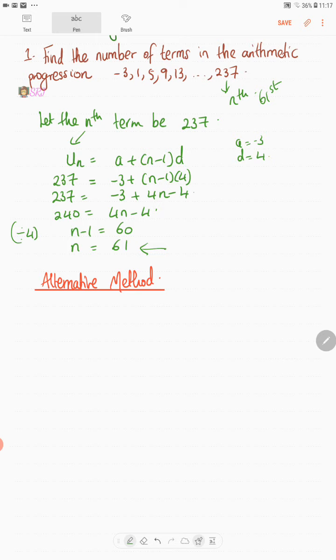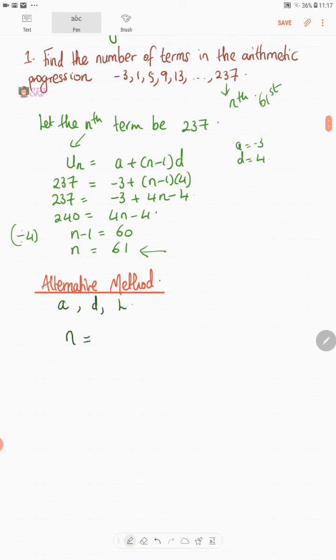If we know the first term, the common difference, and also the last term, we can obtain n, the number of terms in the sequence, by taking the last term minus the first term, and then we divide by the common difference. In this expression, we add 1.